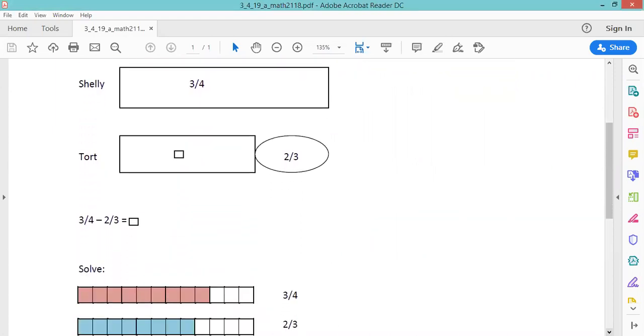In order to solve this, I considered what a whole must look like and then how I could possibly visualize what a fourth and a third would look like.